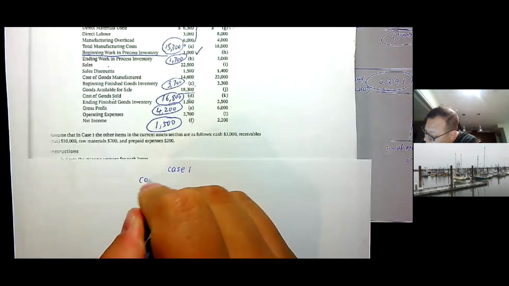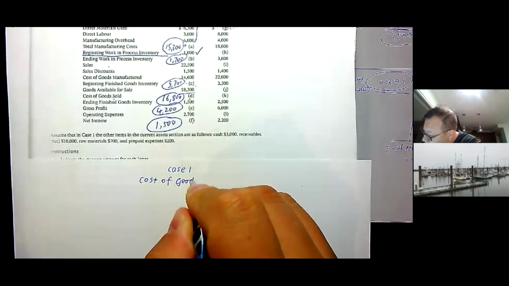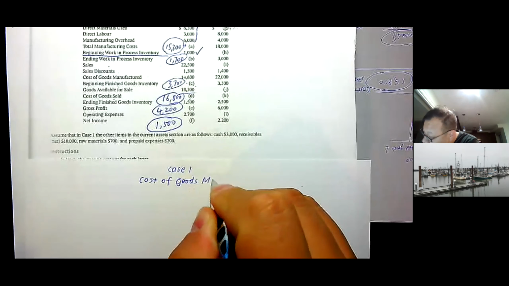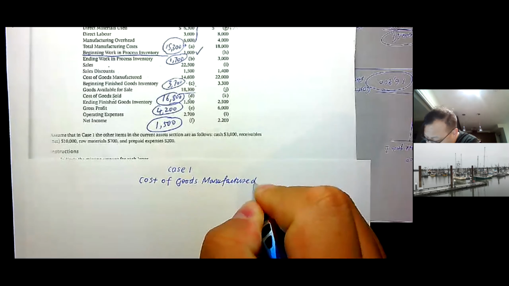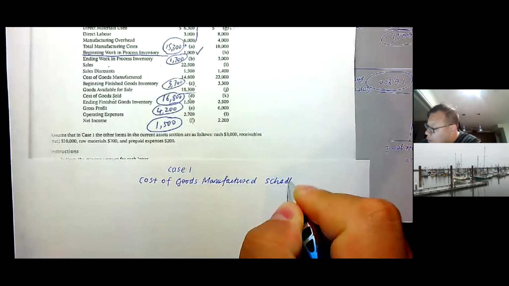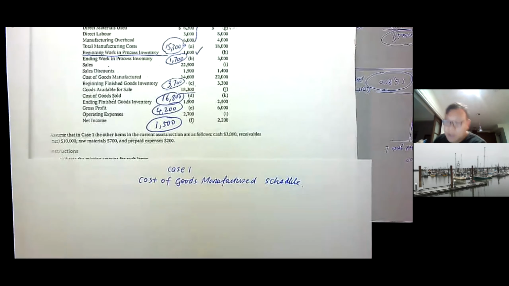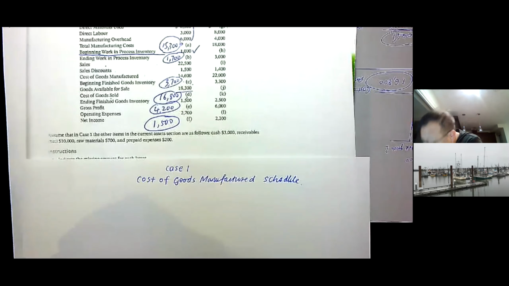Okay, this one will be called cost of goods manufactured schedule. Okay, so what is in this schedule? Here's the format.